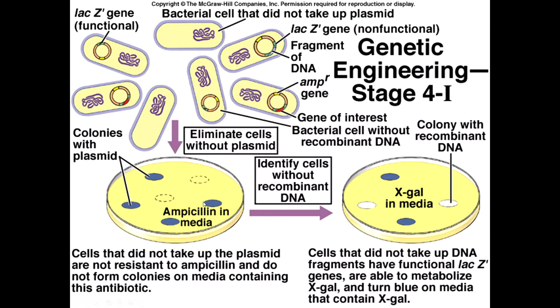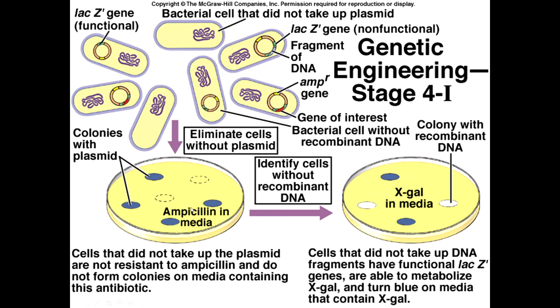Sorry, this is ampicillin. I got ahead of myself over here. So let's start with this. First, we're going to eliminate the cells without the plasmids by growing them on ampicillin-laced media. So all the plasmids had a resistant gene. And so any cells that don't have the resistant gene will not be able to survive. So the cells that did not take up the plasmid are not resistant to ampicillin and do not form colonies on media containing this antibiotic.